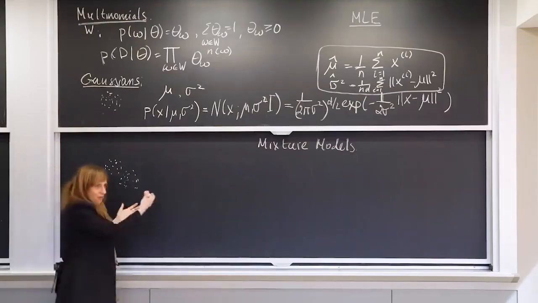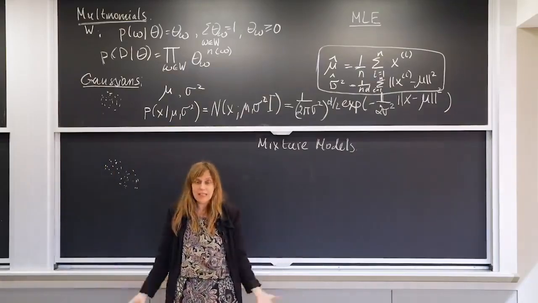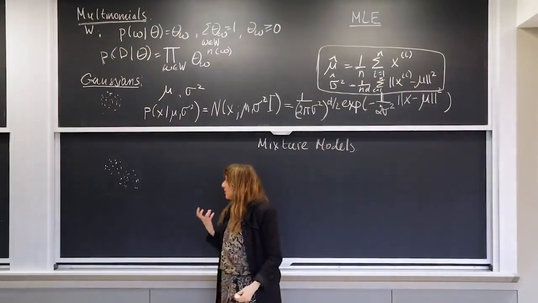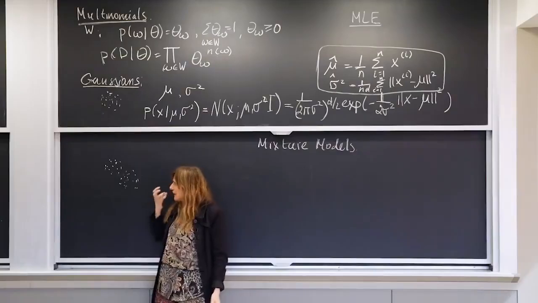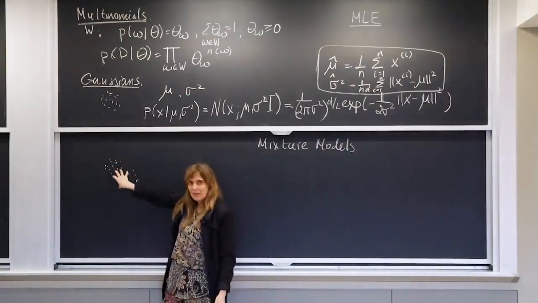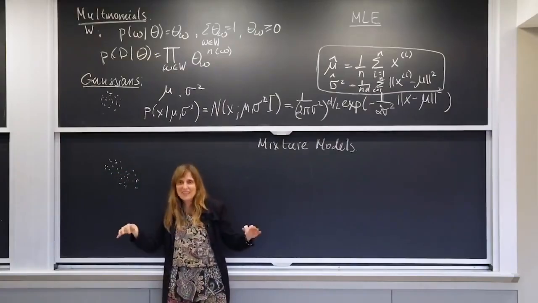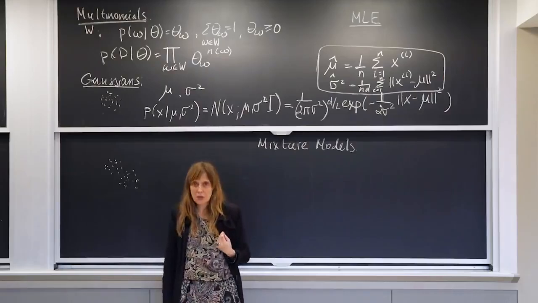Or if I may draw 4, 5, or 6, the more we draw, we can always say it's really one big Gaussian. But we can do much more refined modeling if our generative model can explicitly allow us to talk about the fact that we have several different clusters. And that's exactly where we introduce these mixture models.